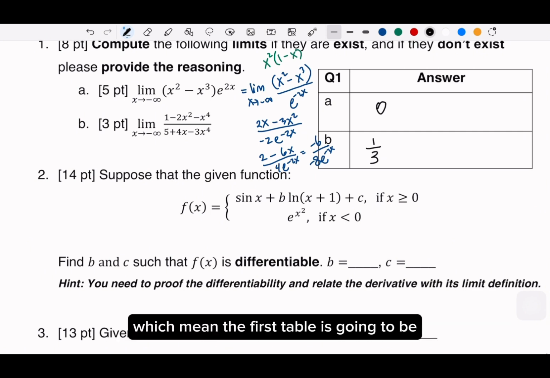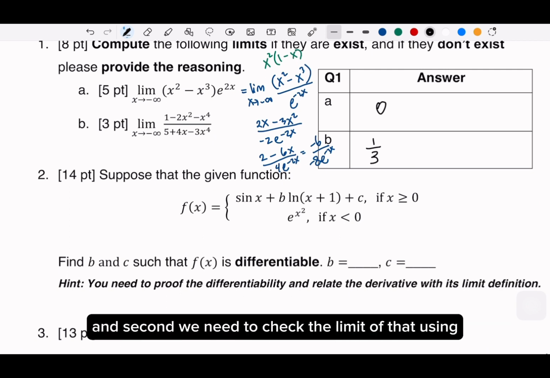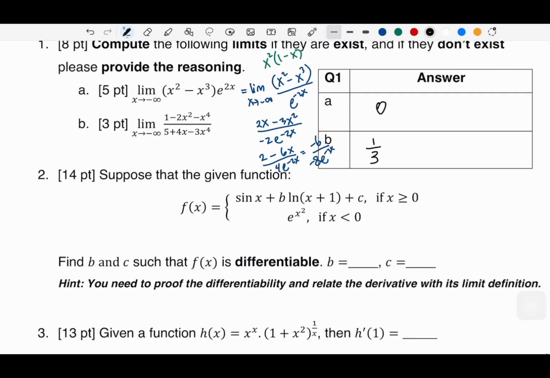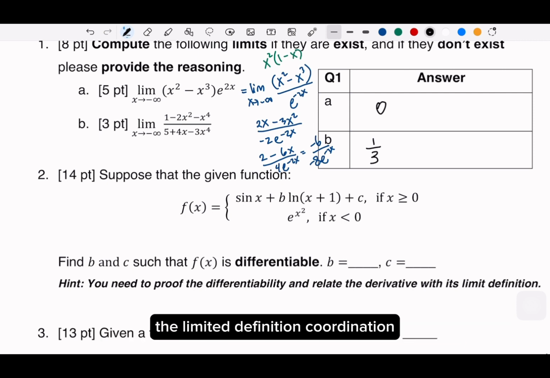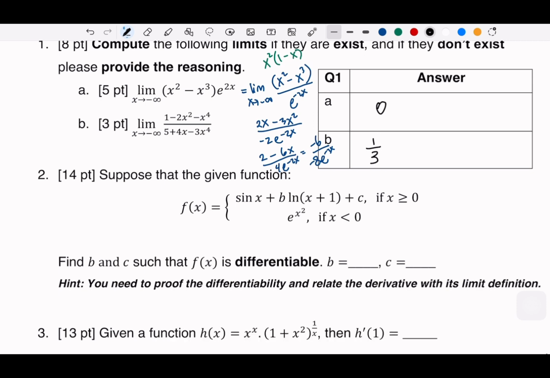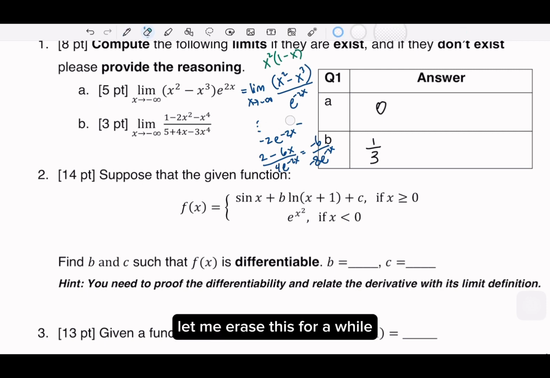Which means differentiable needs to be first continuous, and second we need to check the limit of that using the limit definition for derivative. Let me erase this for a while.